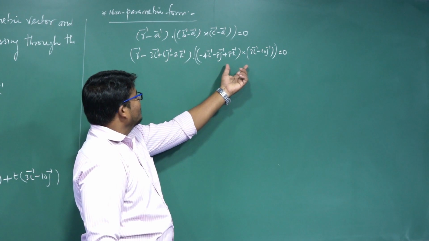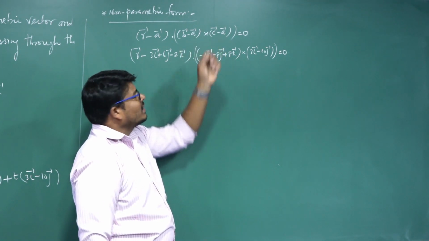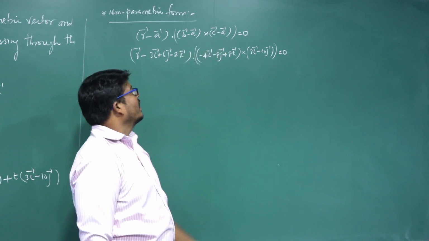First, now multiply b minus a cross c minus a.